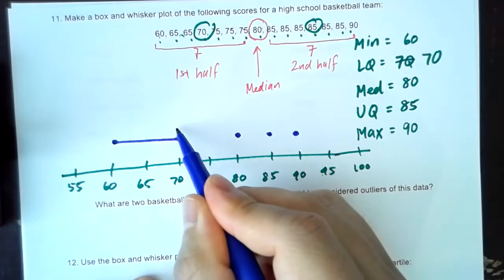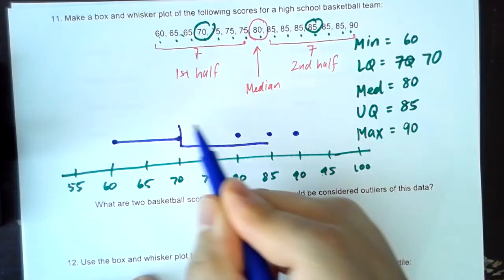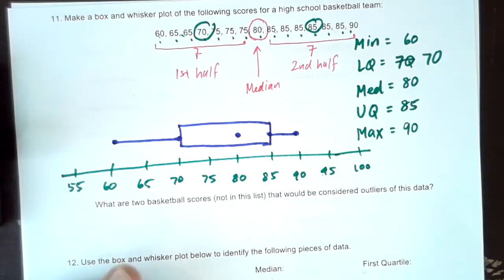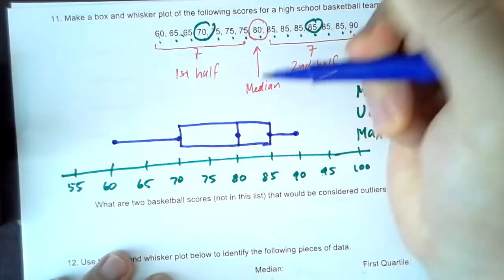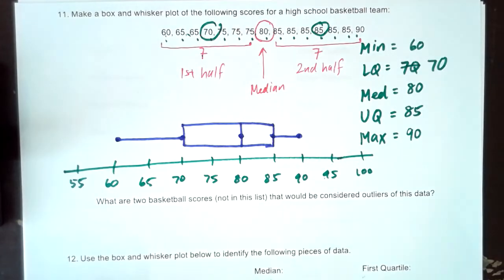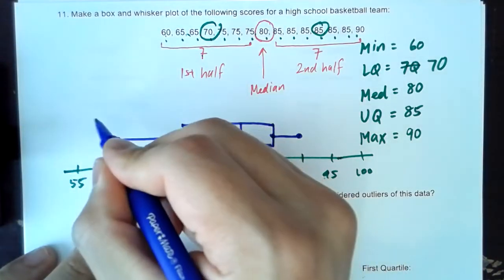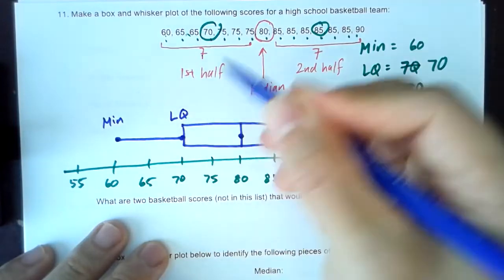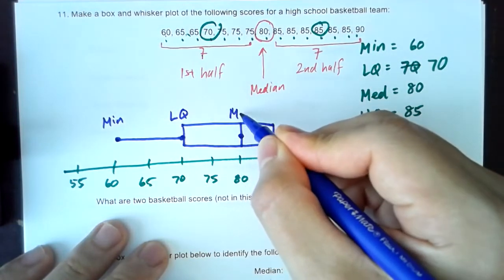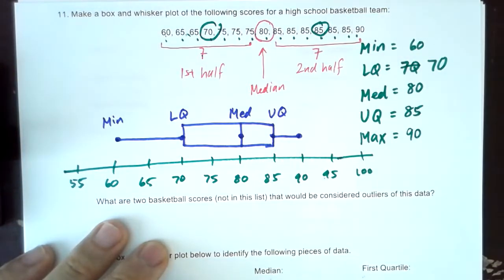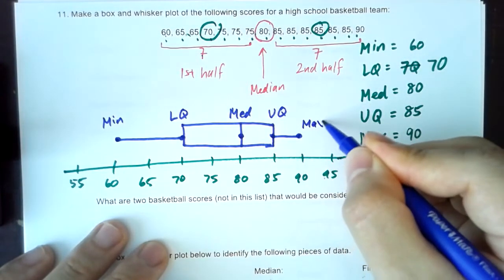And then I'm going to connect like this. And just like that, class, I have created the box and whisker plot. Okay, so let's label min, lower quartile, median, upper quartile, maximum.